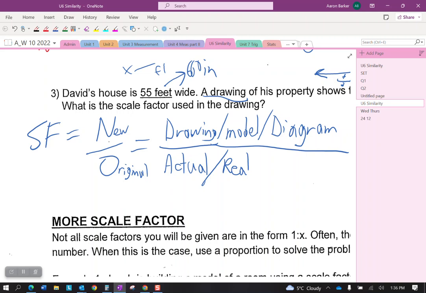Make sure you got those written down. Any questions? Got these written down? Write these down.